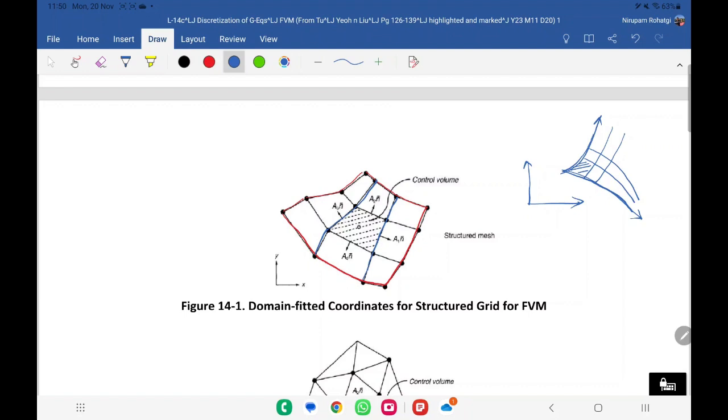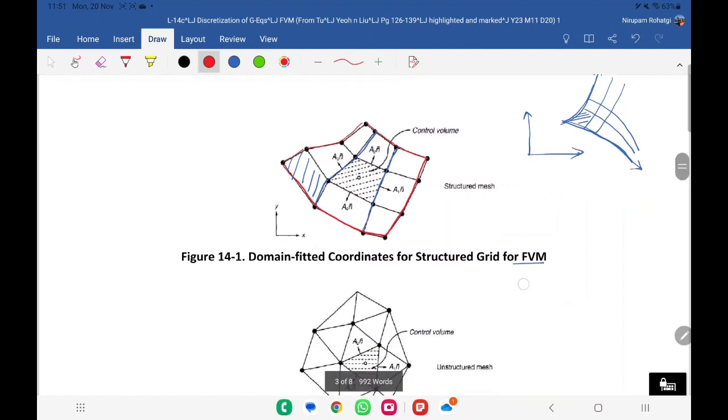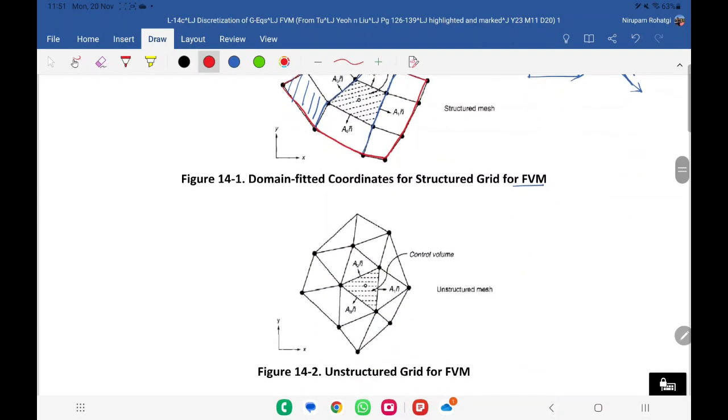Now if you want to go for FDM, you have to do this. FVM can take this because these are volumes also. Each one of them is a volume, right? You can apply FVM here. But the same thing you can do like this. Now this is an unstructured grid.